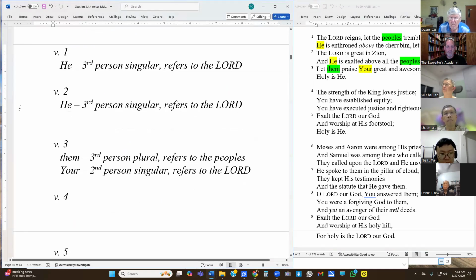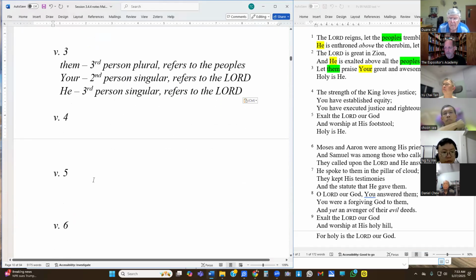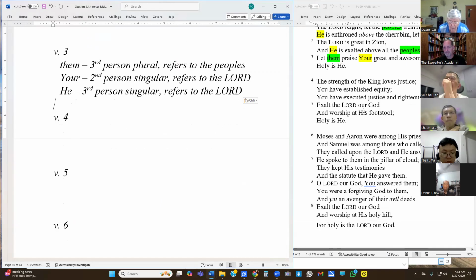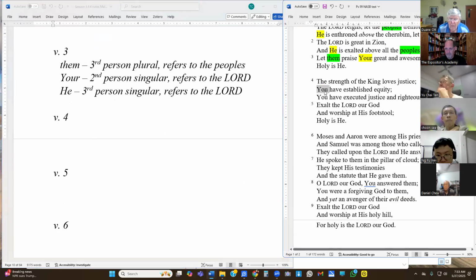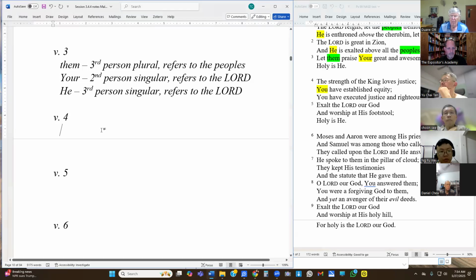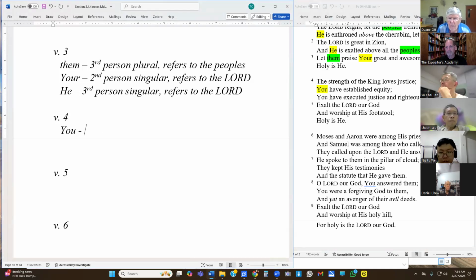So again, we see he there in verse 3 as well. Okay, verses 4 and 5. I think I had Shulong reading that. So I'm going to ask you, Shulong, to do the pronouns for us. Verse 4 and then verse 5. Okay, verse 4, you have. So you is second person, singular.